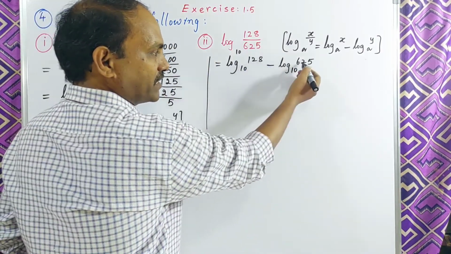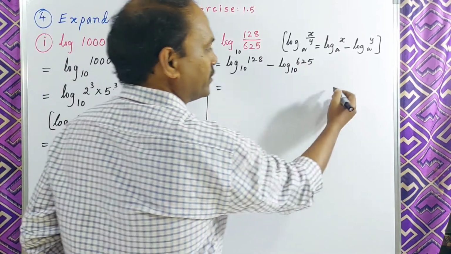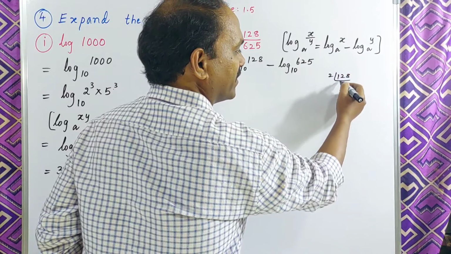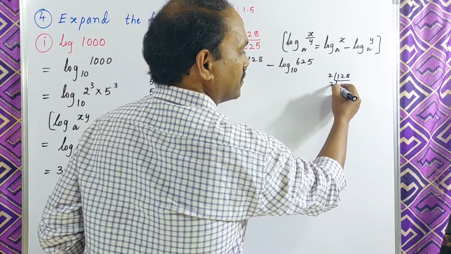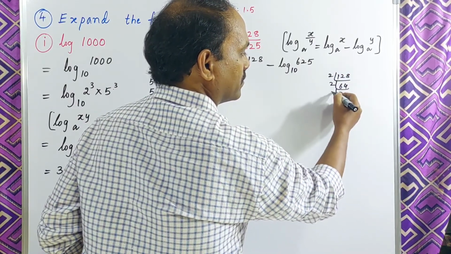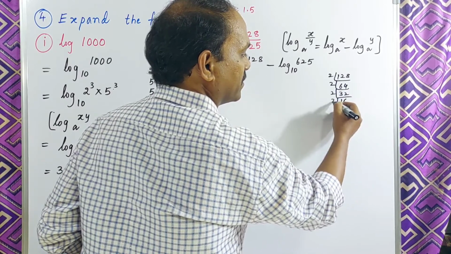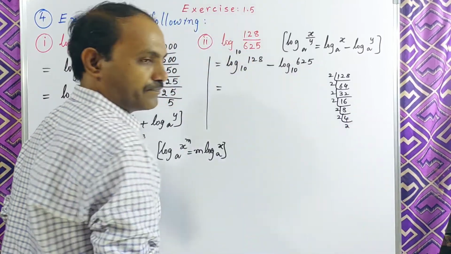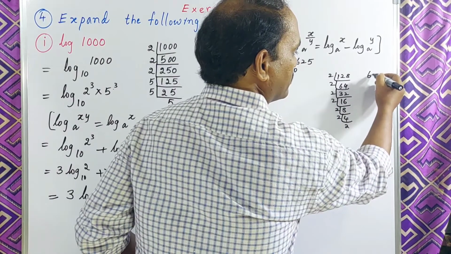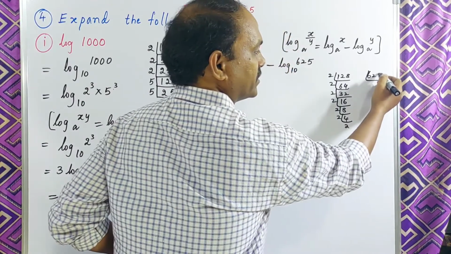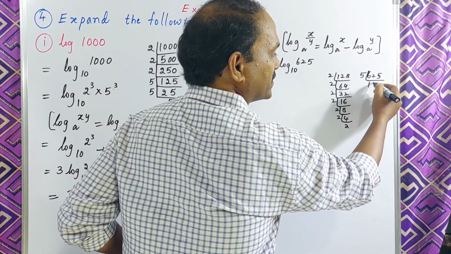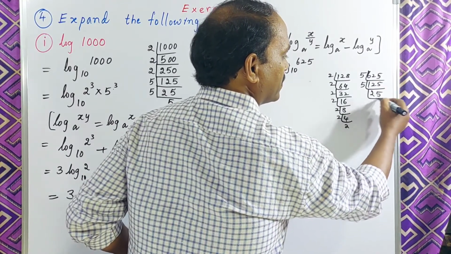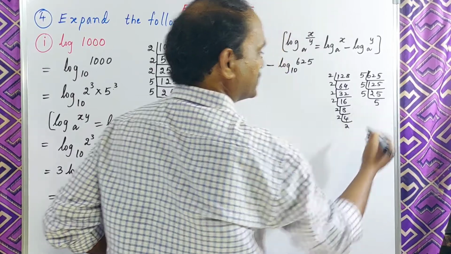Now write the prime factors of these two numbers. 128 is an even number, so divide by 2: 64, 32, 16, 8, 4, 2, 1. For 625, it is divisible by 5 only: 625 divided by 5 is 125, then 25, then 5.